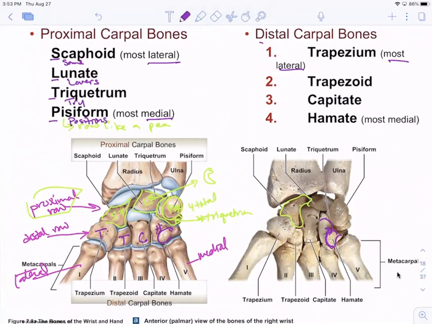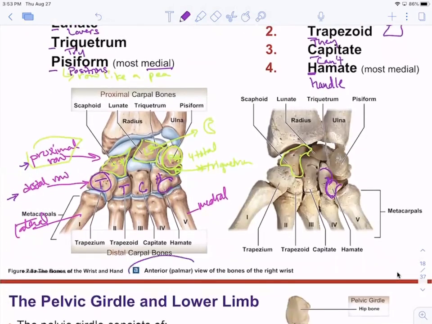Then you go back out lateral, so we're back out to here: trapezium, that; trapezoid, because it's shaped like a trapezoid, kind of; capitate, can't; and hamate has a handle. So, some lovers try positions that they can't handle. Again, you have to go lateral, proximal row, across, and then distal, lateral, distal row, across. And that's the way it works. And this is only if you're in the anterior palmar view.